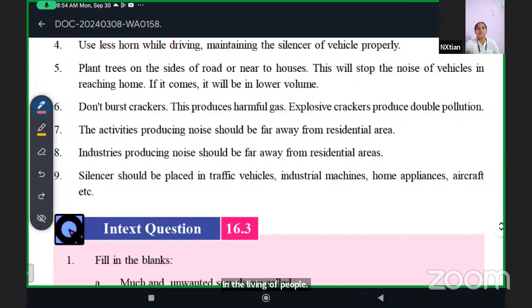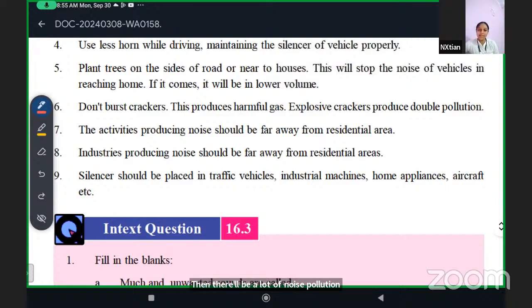Imagine when construction work is going on near our house or behind our house, how much disturbance we get from that. But that is only for some time, because that construction is necessary and it stops after the construction is done. But what if we're living near an industrial area? Then there'll be a lot of noise pollution all around, all through the day.